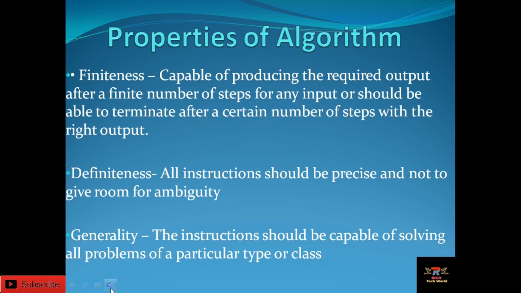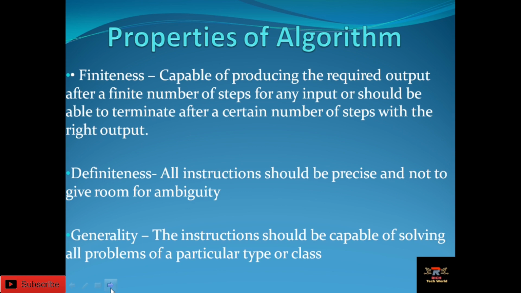If your algorithm is able to find the factorial of a particular number and then it's not able to find the factorial of another number, then that particular algorithm is not right, or it's not an algorithm at all. So your algorithm should contain the generality property.